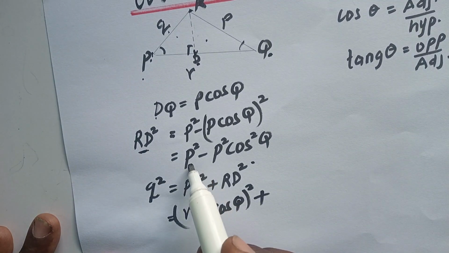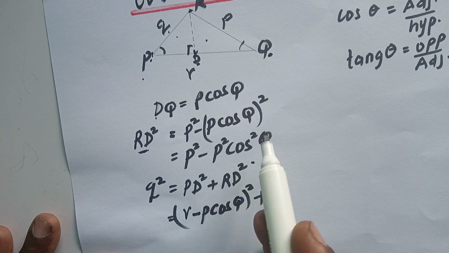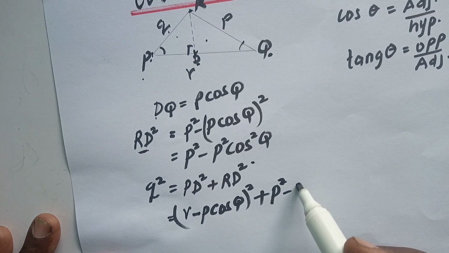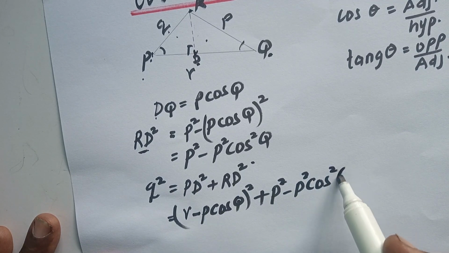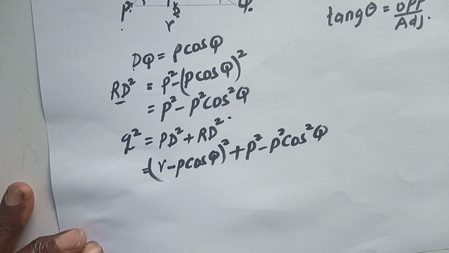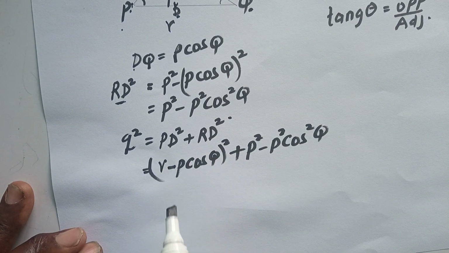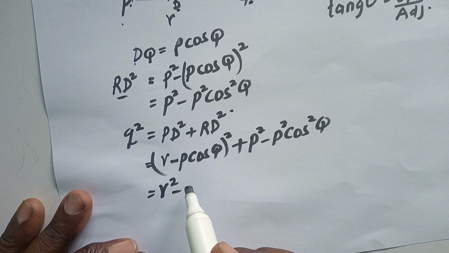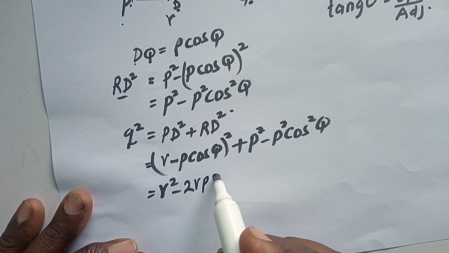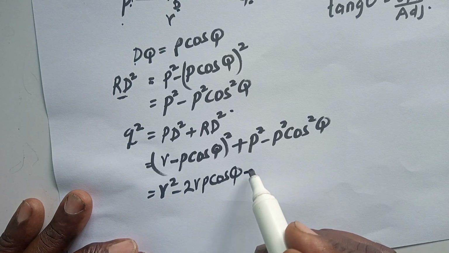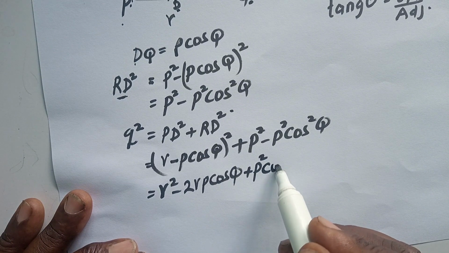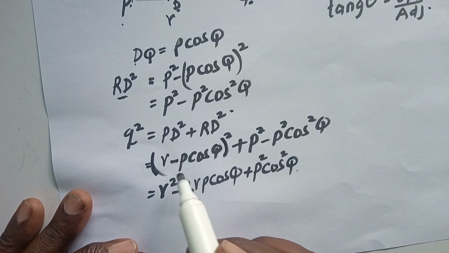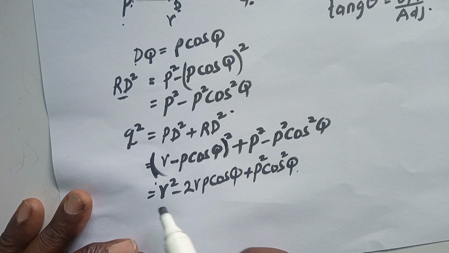But RD squared is P squared minus P squared cos squared Q. So plus P squared minus P squared cos squared Q. Now when we square this one here, it breaks down into R squared minus 2RP cos Q plus P squared cos squared Q. The whole of this is the same as the whole of that.